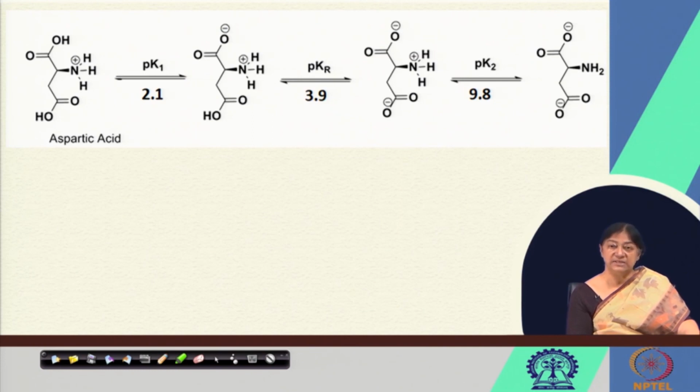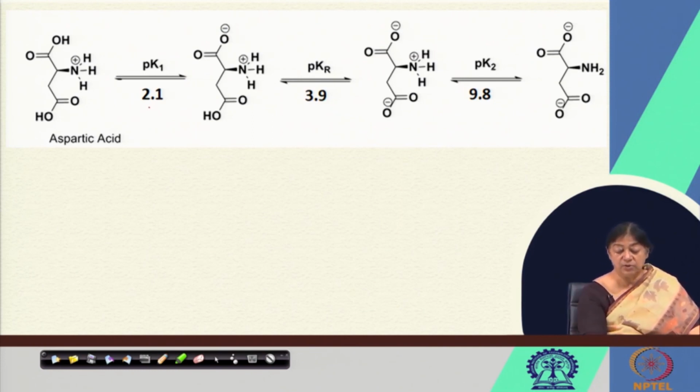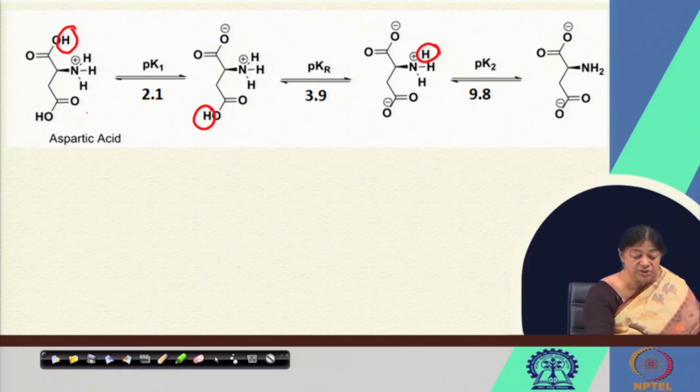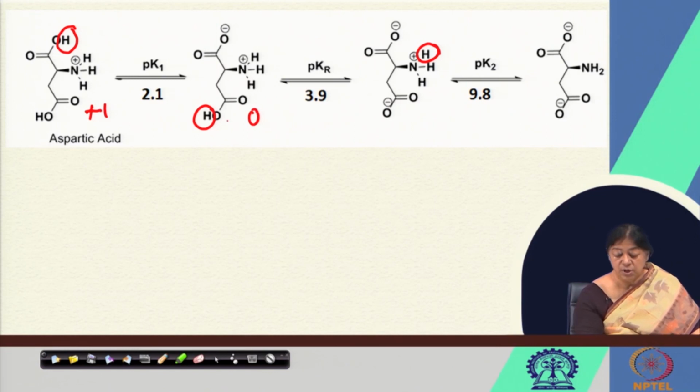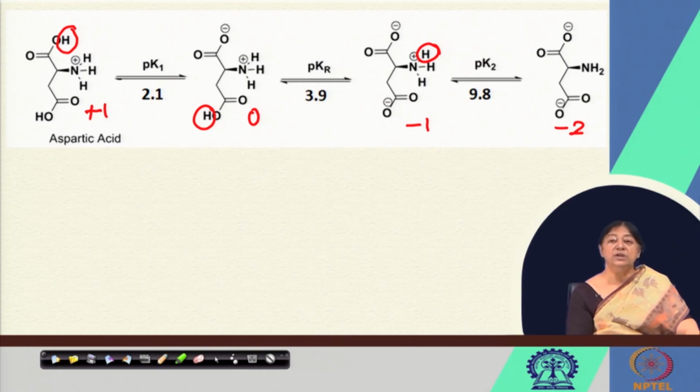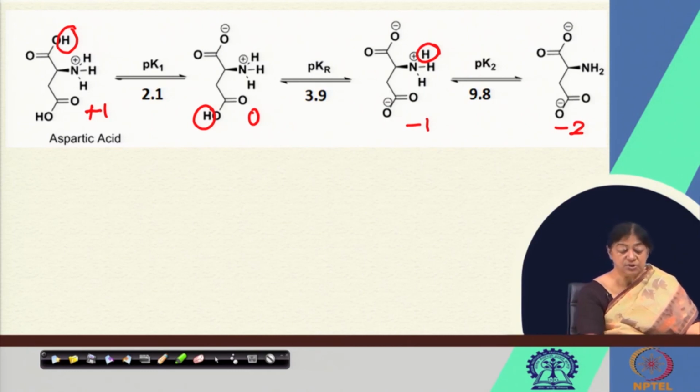We have aspartic acid, we have a pK1 value. Now that we understand this, we have a loss of this proton first, then a loss of this proton, then a loss of this proton. So we know the overall charge. The overall charge here is +1, the charge here is 0, the charge here is -1, the charge here is -2. And what did we learn? We need to get the average that is going to take us from +1 to 0 to -1.